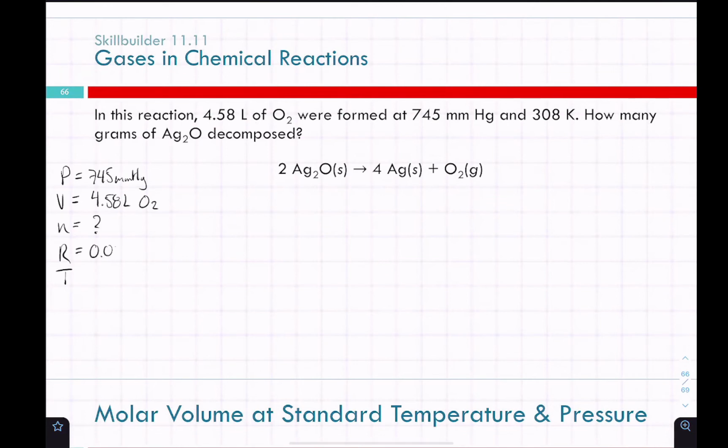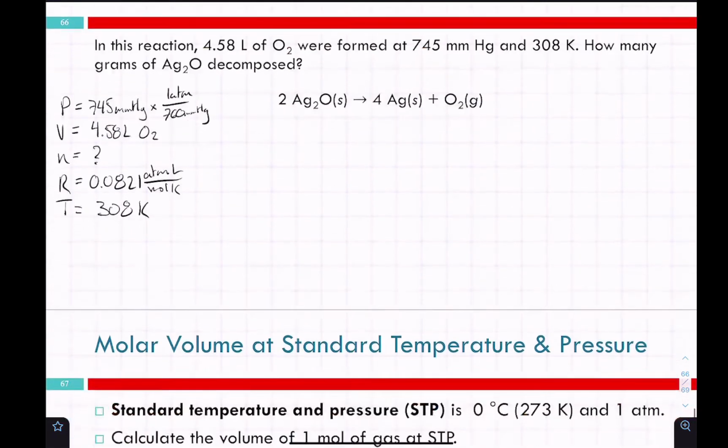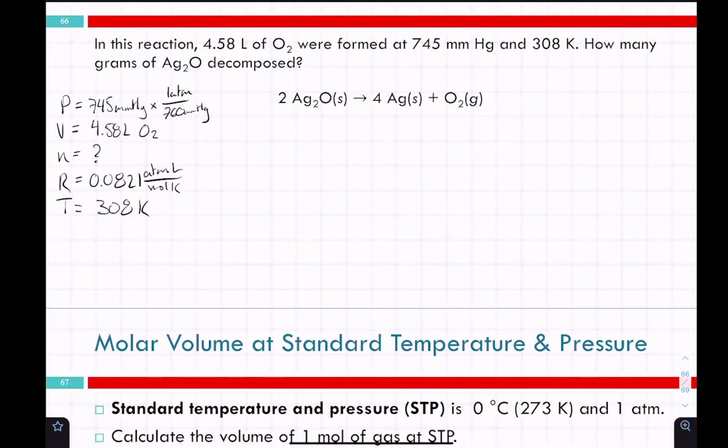R is 0.0821 atmosphere liters per mole Kelvin. Temperature is 308 Kelvin. So only one unit that we need to convert: 745 millimeters of mercury times 1 atmosphere over 760 millimeters of mercury, that is 0.980 atmospheres.